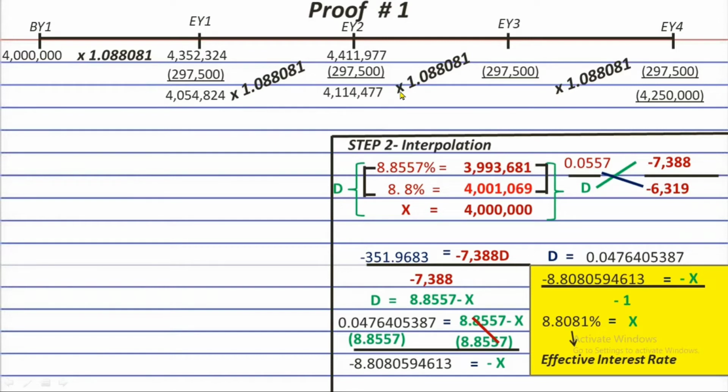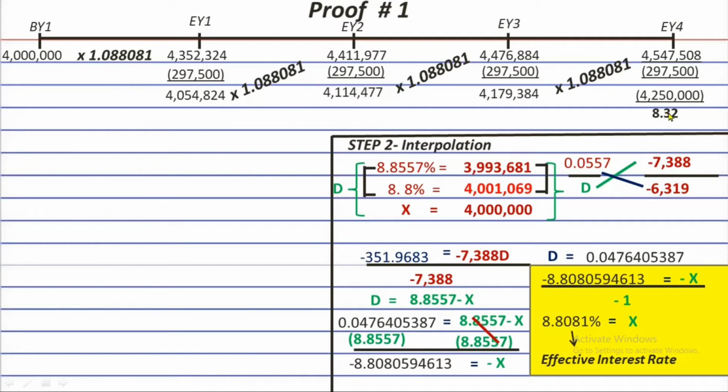equals 4,114,477, times again 1.088081, and we will have 4,476,884, and then minus again 297,500, and that would equal to 4,179,384, and times the last 1.088081, it will be equal to 4,547,508, and then minus the last interest payment of 297,500, and minus also the principal payment of 4,250,000, it will equal to 8.32.